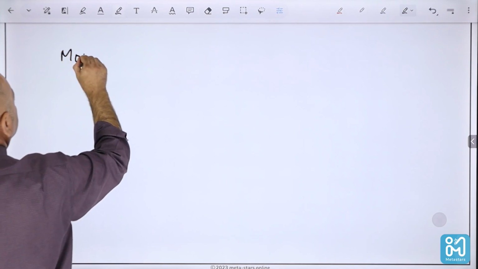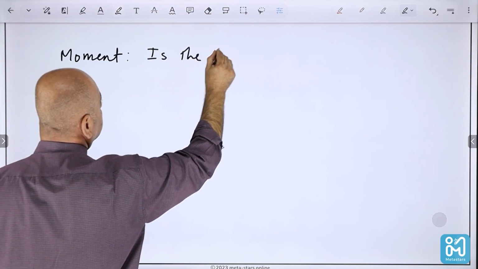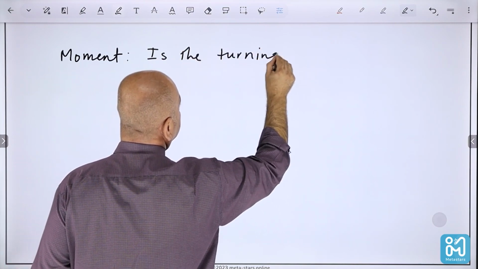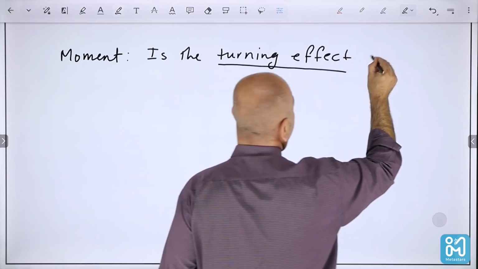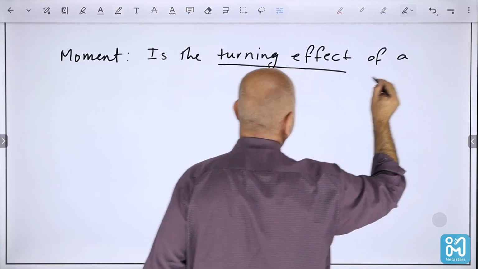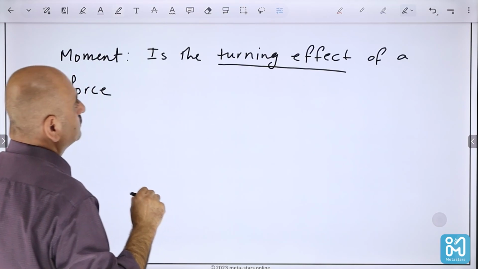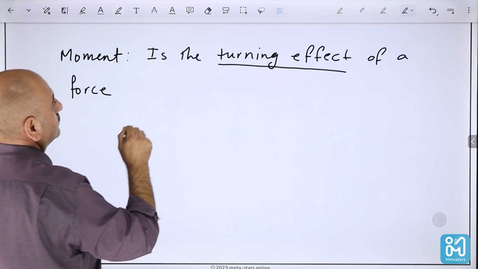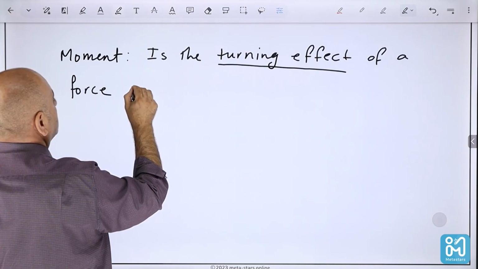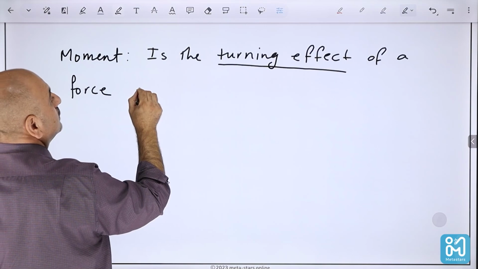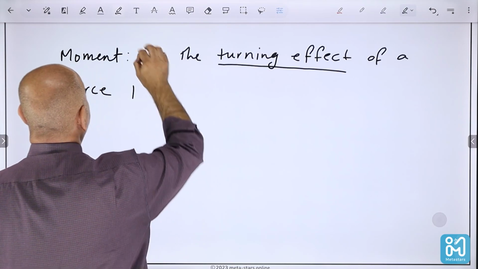Moment is the turning effect produced by a force.